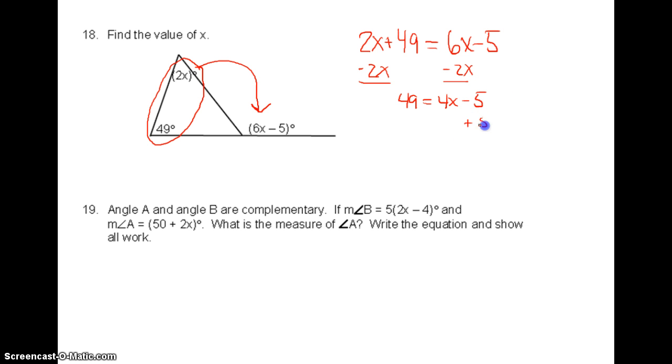I'm going to add 5 to both sides. 54 equals 4x. Divide by 4. 13.5. So x equals 13.5. It is possible to get a decimal.